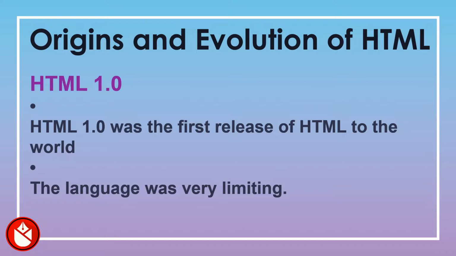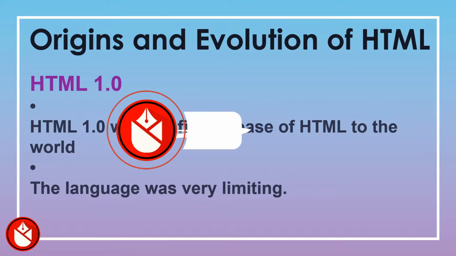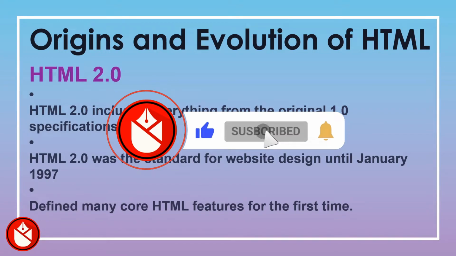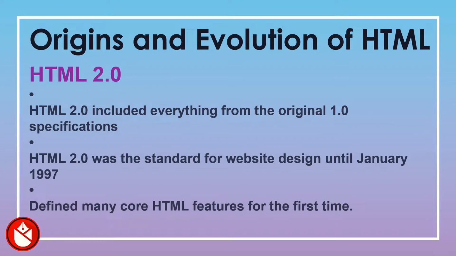HTML 1.0 was the first release of HTML to the world, and the language was very limiting. The second version, HTML 2.0, included everything from the original 1.0 specifications.